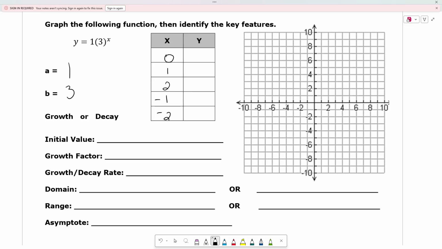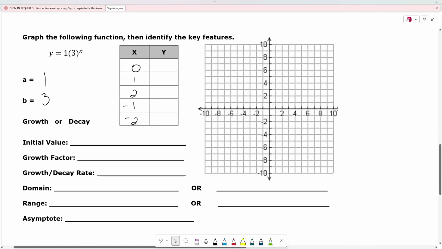I would have over here to the side y is equal to 1 times 3 to the power of 0. Remember, any number to the power of 0 is just 1. So that's going to be 1 times 1, or 1.